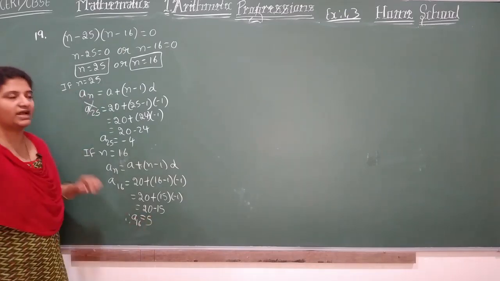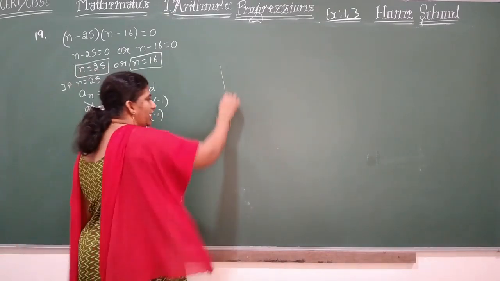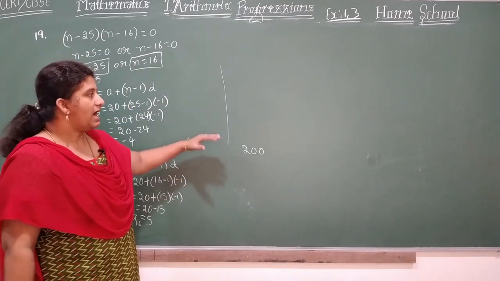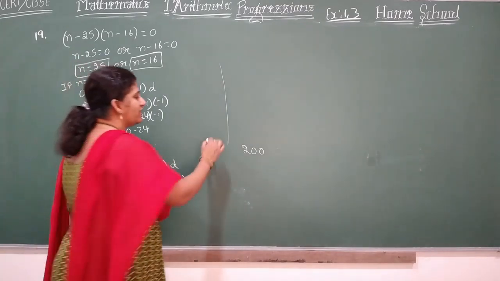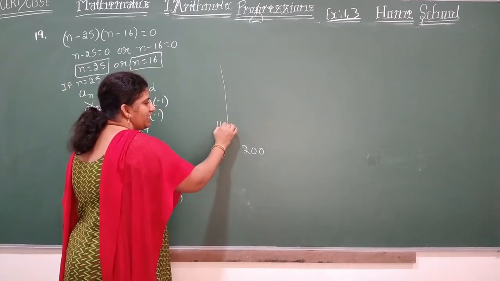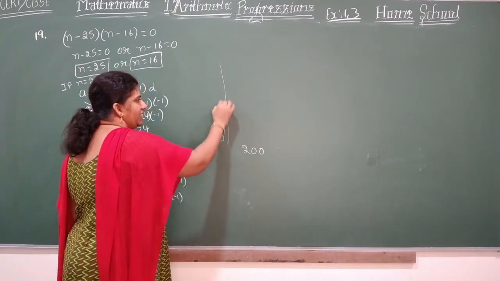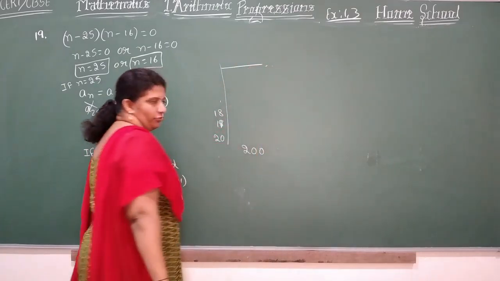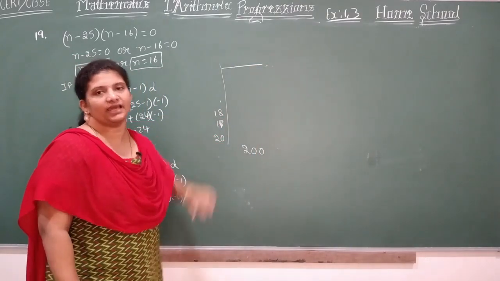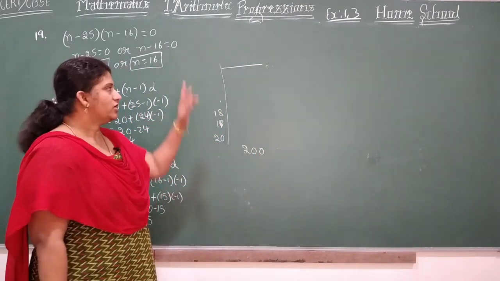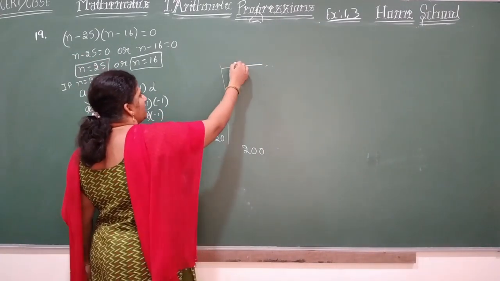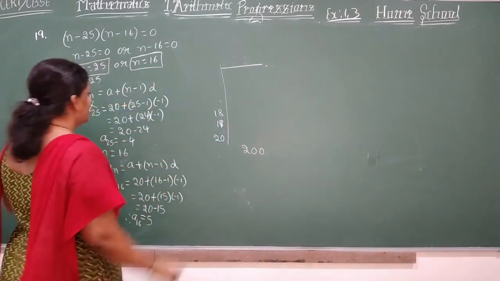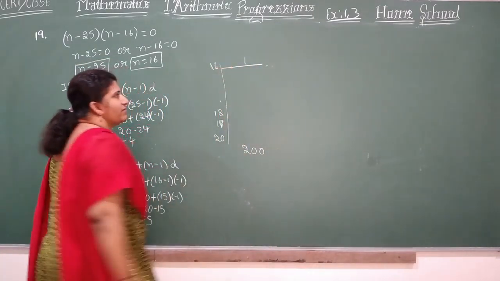Therefore, what do you understand here? A total of 200 logs have been taken and arranged in such a way that the bottom row has 20, 19, 18, and so on. What is the top row, and how many logs are there in the top row, is your question. So what's your n value, children? The n value will be 16. What do you mean by this n value?